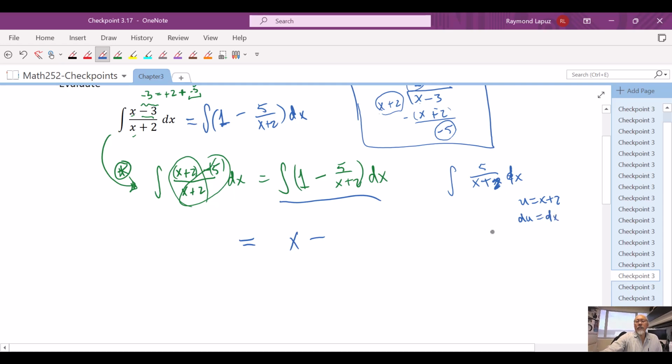So this is going to be negative 5 times the integral of 1/u du, and that's going to be an ln function. So that's negative 5 ln of u.